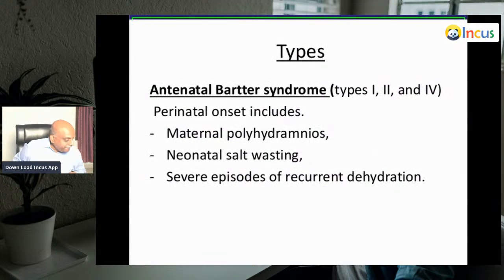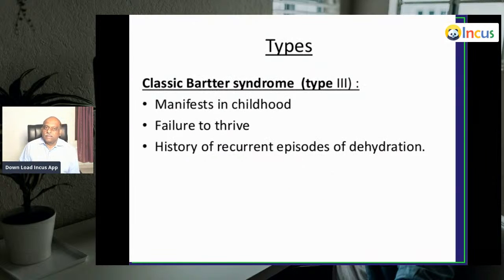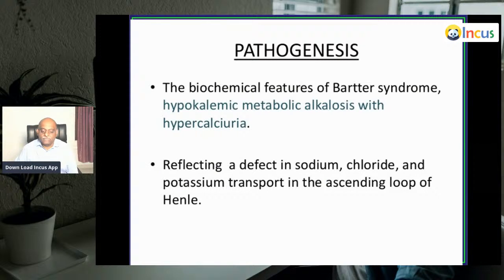Now, how many types of Bartter do you know? Types 1, 2 and 4 are perinatal, and often they are associated with maternal polyhydramnios, neonatal salt wasting and several episodes of recurrent dehydration. Then classic Bartter syndrome is called type 3. It manifests in childhood with failure to thrive and recurrent episodes of dehydration.